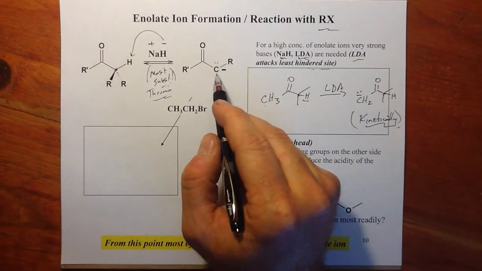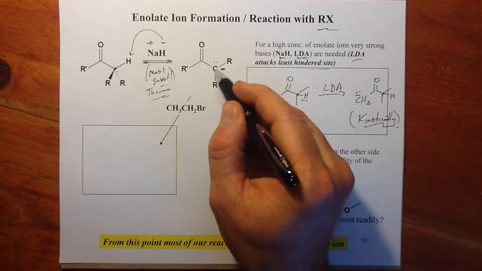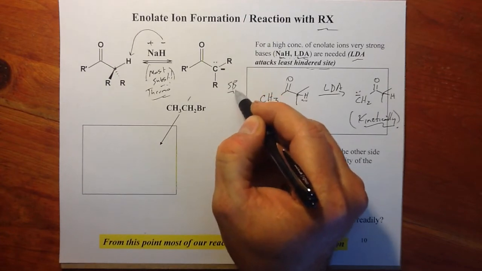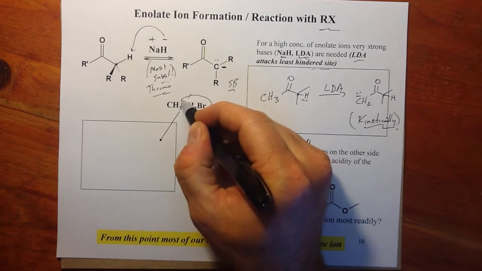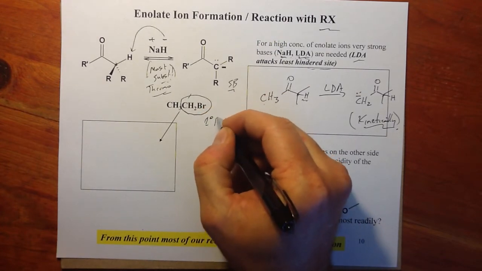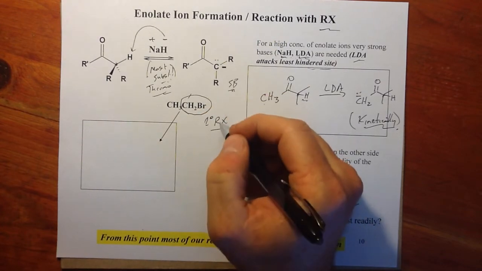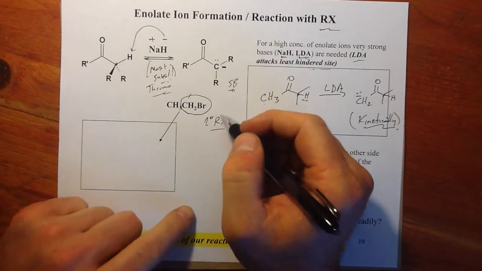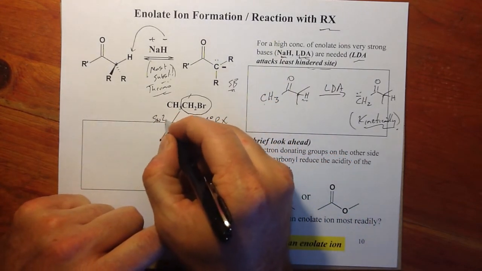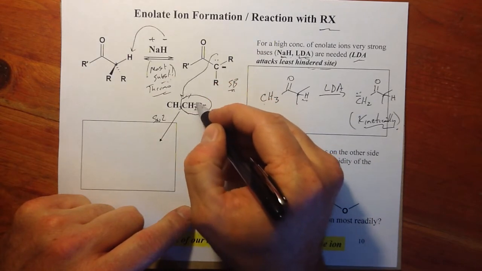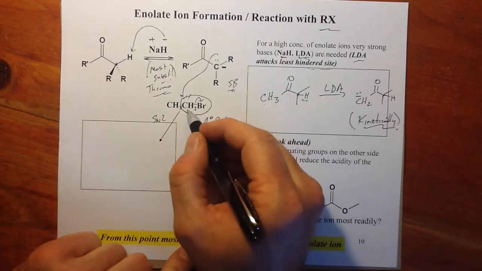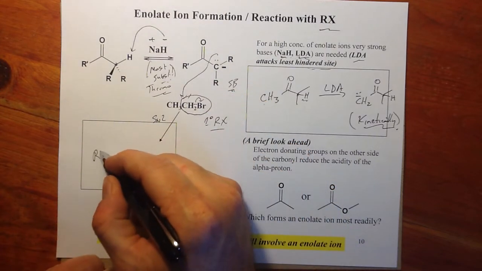We've made the thermodynamically favored enolate ion. This is a strong base because it took a strong base to make it, and then we can tag this alkyl halide as a primary RX, strong base, primary RX. We know we favor SN2 reaction, so we would just consider that attack as an SN2, alkylating the alpha position.